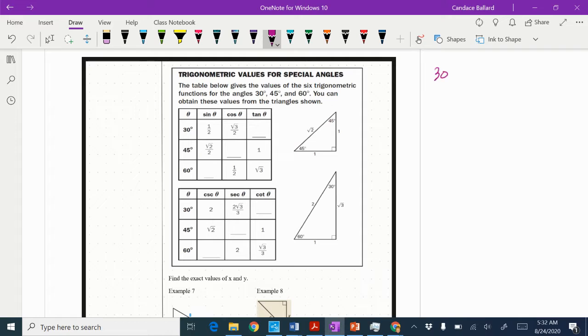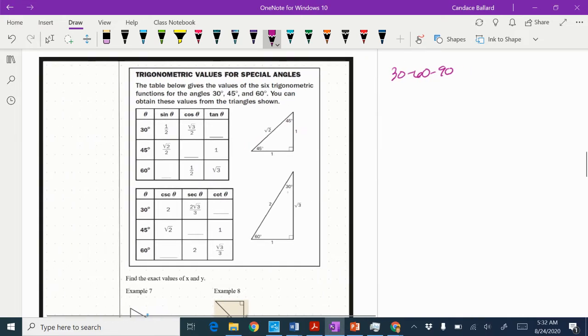So on a 30, 60, 90 right triangle, and that's one that has a 30-degree angle, a 60-degree angle, and a 90-degree angle, we're going to name the legs a little bit differently. Across from the 30 is what I call the short leg. Across from the 60 is the long leg, and this is still the hypotenuse.